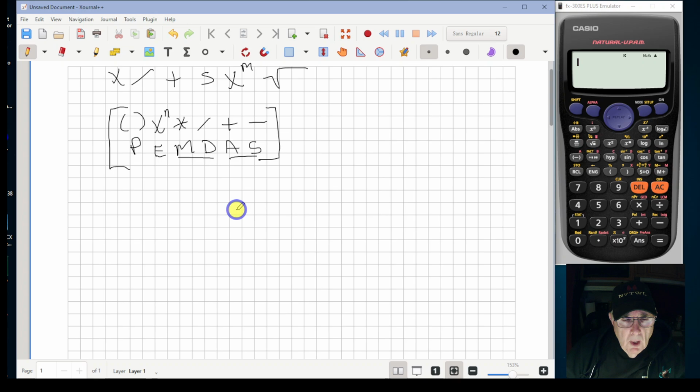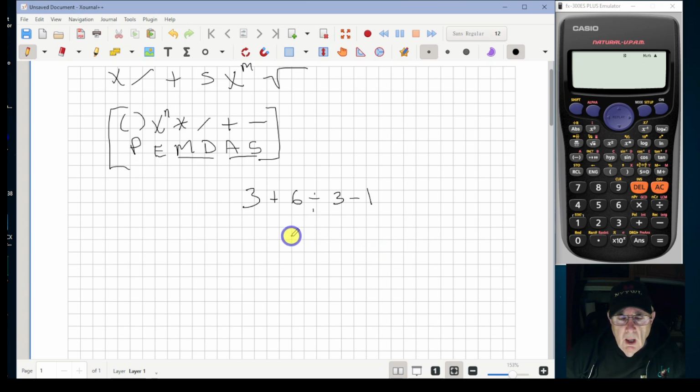A much better way, instead of depending solely on PEMDAS, is to use some parentheses. Because notice that's the first thing. So let's say I have our 3 plus 6 divided by 3 minus 1.